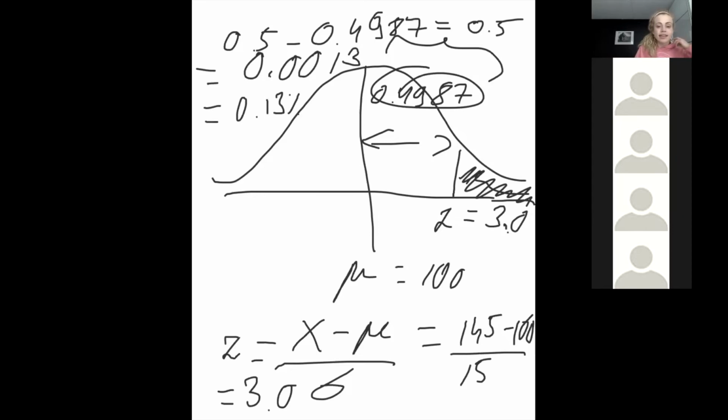So the probability that a person is a genius, or has an IQ above 145, will be 0.13%.